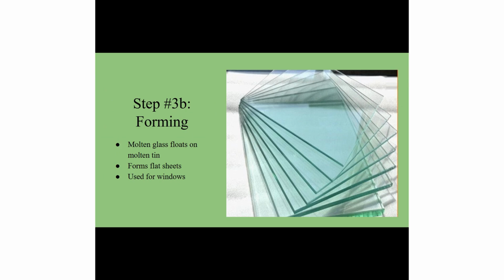Because the glass is less dense than the molten tin, it floats on top and spreads out into a perfectly flat sheet of glass. This method produces smooth and uniform glass that doesn't need much additional finishing.